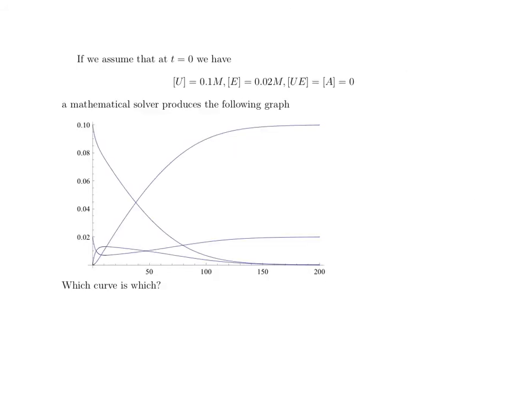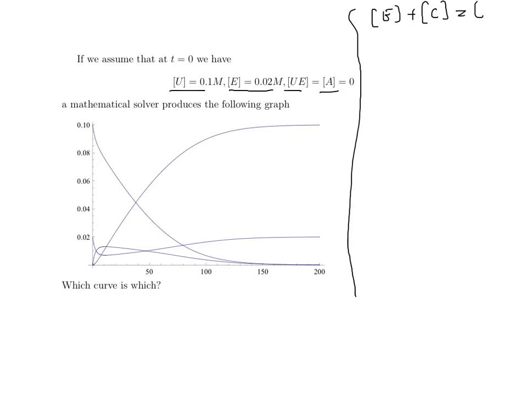At time equals 0, suppose we know the amount of substrate, enzyme, complex, and product. Then we can make some simplifying reductions to our equations, because from 2 slides ago we said that the amount of enzyme in both forms, the free and the bound, should equal a constant, E0.